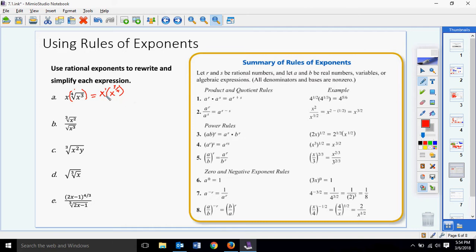So these are two things with the same base being multiplied. So I'm looking at my first product rule. I'm going to add my exponents. So this is x to the 1 plus 3/4. 1 plus 3/4 is 1 3/4, otherwise known as 7/4.